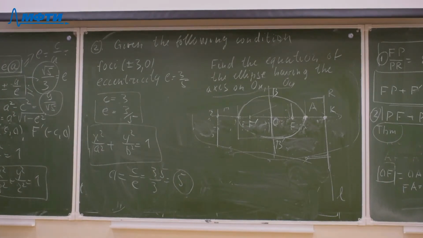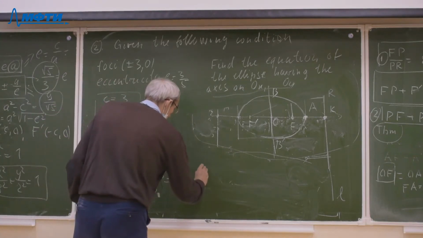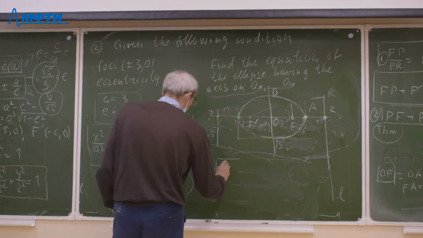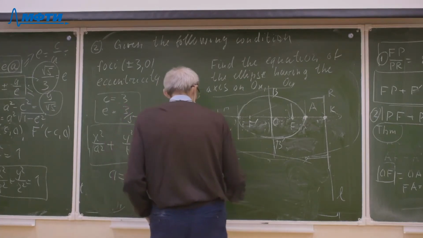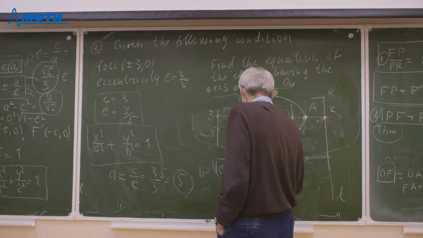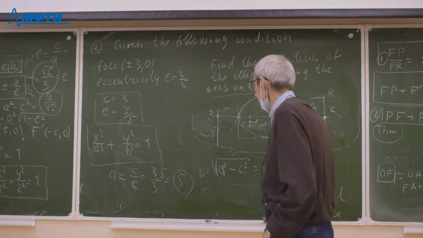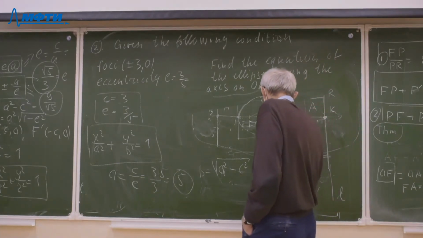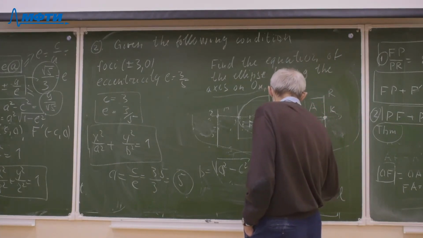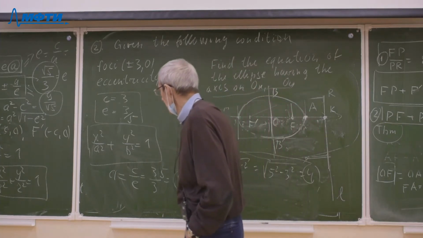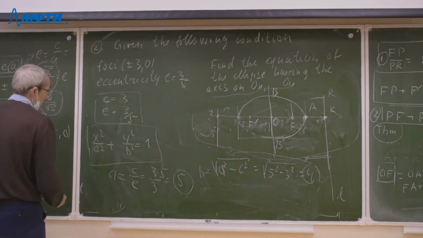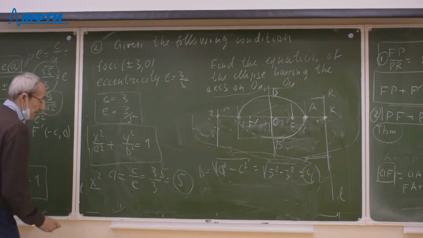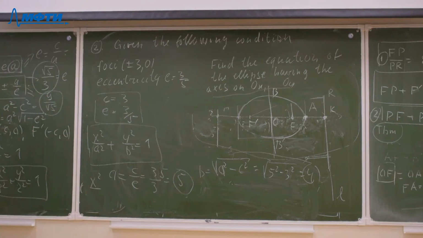After that, we can also calculate b. b is equal to the square root of a squared minus c squared. And we obtain exactly 4, and we obtain the equation for the ellipse. a is equal to 5, b is equal to 4.